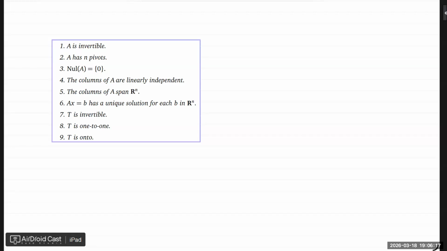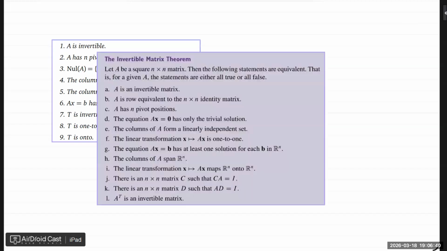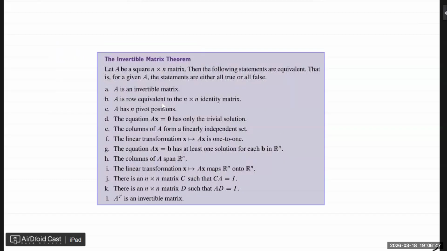It is chapter 2.3 in your textbook, if you are following along. Yeah, here it is. Mine here is page 121, but here is the list.